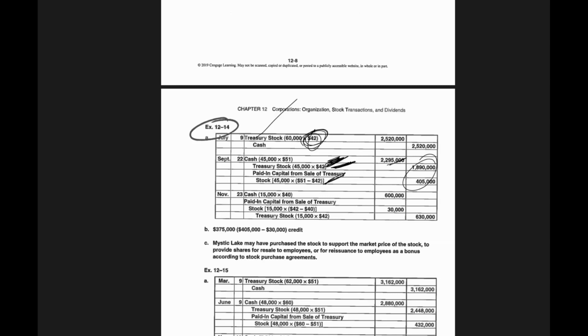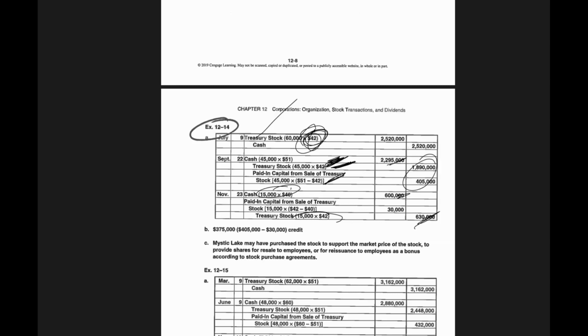On the 23rd of November, they sold the last 15,000 shares. Now look at here. We sold it for $40, so that's of course what we're going to credit cash for. But more importantly, those 15,000 shares are going to have to be credited at what we brought it in at. And we brought it in at $42. So we are crediting treasury stock for $42.